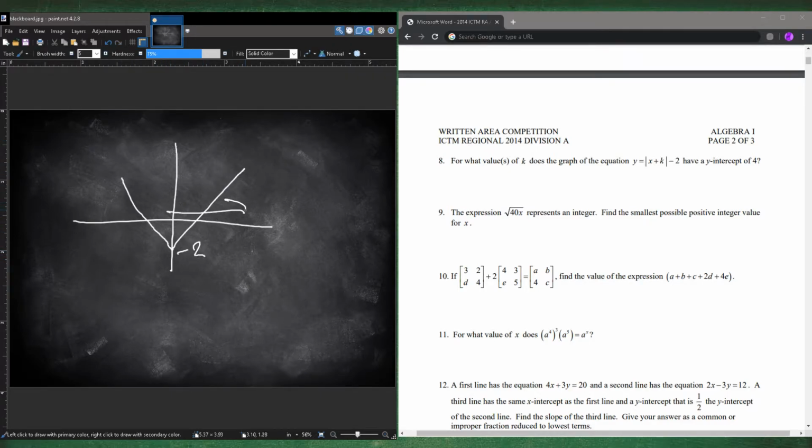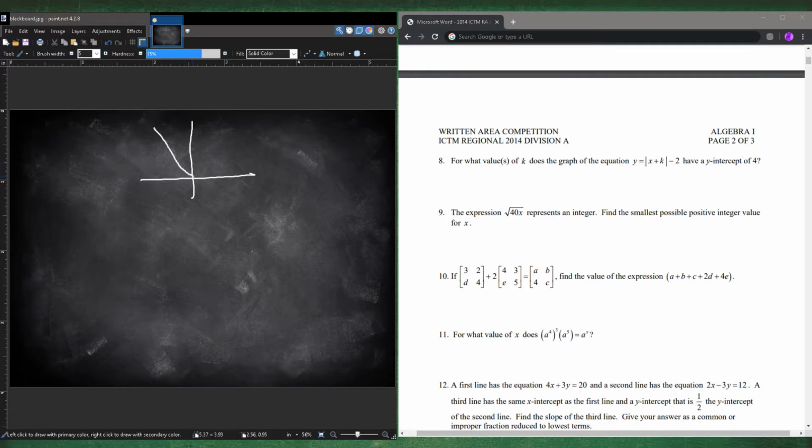And then you have to move it right and left. That's what it means to be plus k. So for it to have a y-intercept of 4, because right now I have a y-intercept of -2, I have to move it, like to the right. So let's draw this a little smaller because I'll show you both possibilities. So our equation is something like this, right?